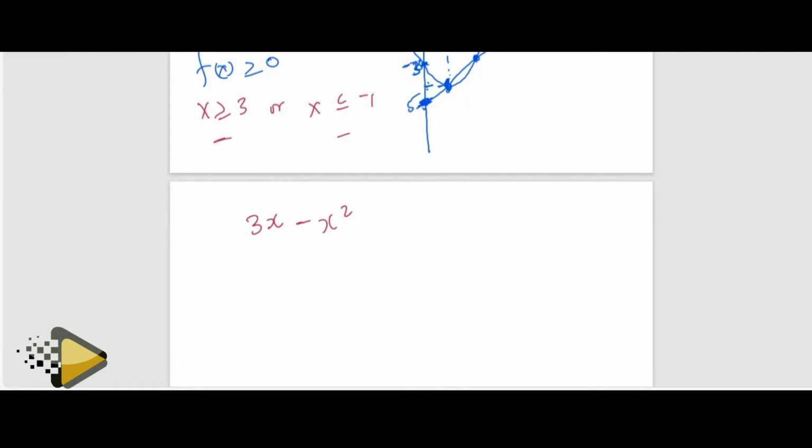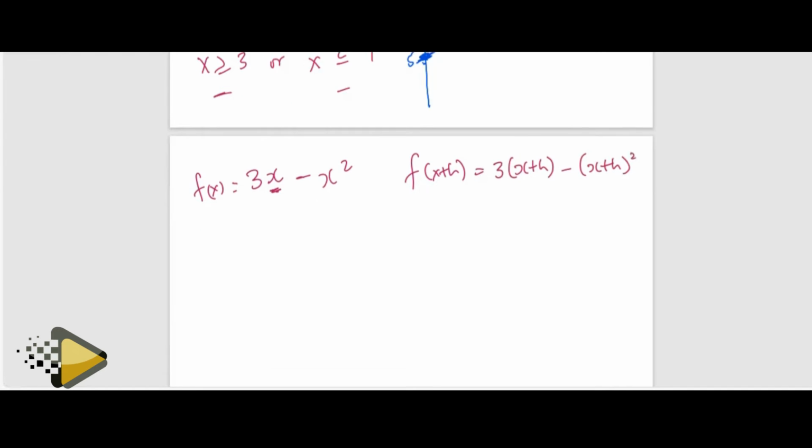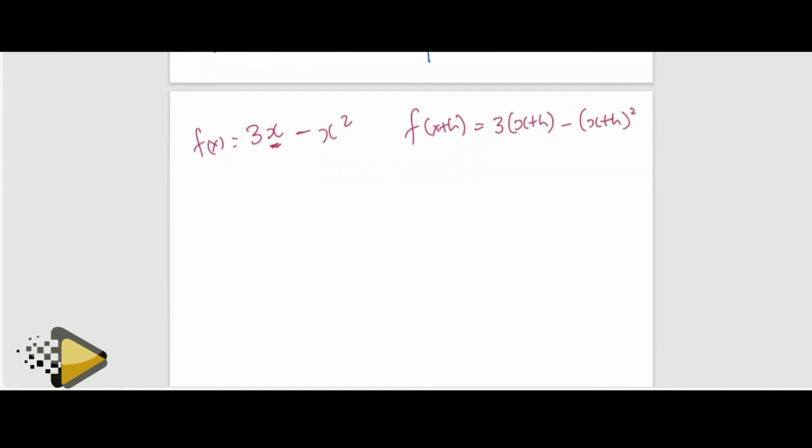So guys, this is our f of x. We need to create what we call f of x plus h. So where there is x, replace with all of that. So that is 3 into x plus h minus x plus h squared. And then we go on and substitute into the formula.